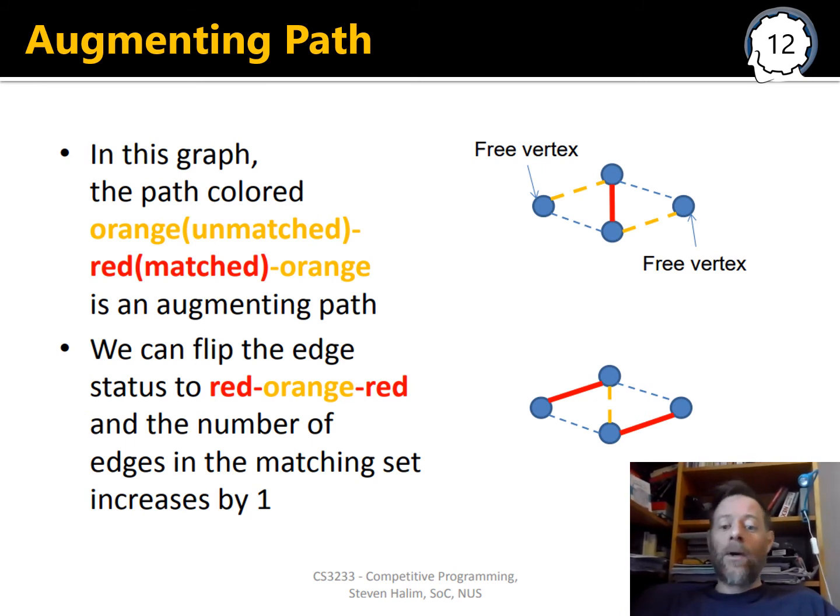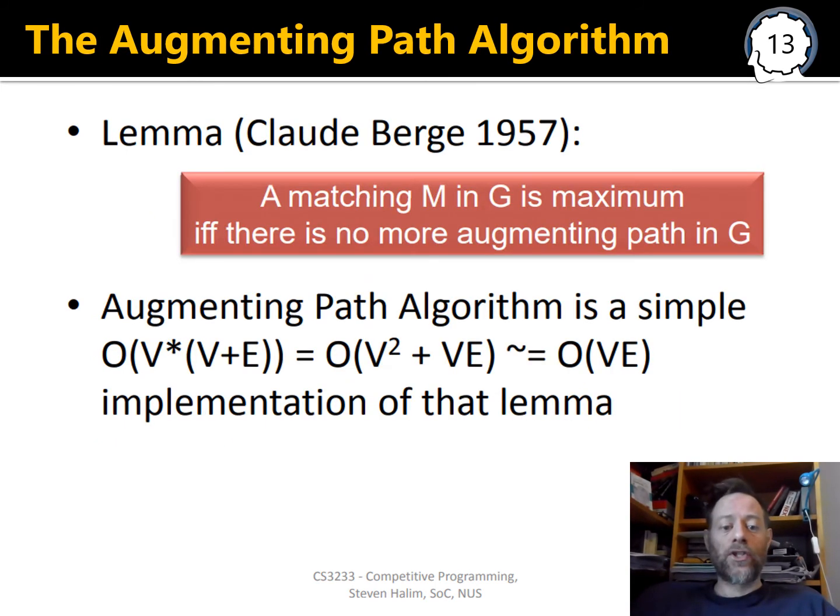And now we can just flip these, and by flipping these we will increase the matching set by 1. And in this particular case, there are no more augmenting paths. So now we have found the maximum cardinality matching. So this is a very nice approach.